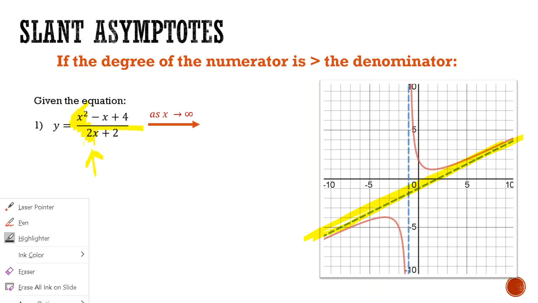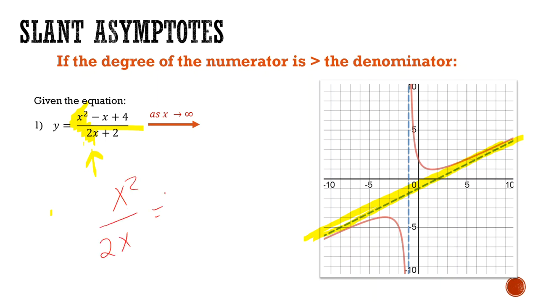If you think about it, when we take that x squared divided by 2x, well, this is going to end up canceling. This is really 1x squared, so you get 1/2, 1 divided by 2. And then x squared divided by x is x. So we know that we're going to end up with a line, 1/2 x plus b.